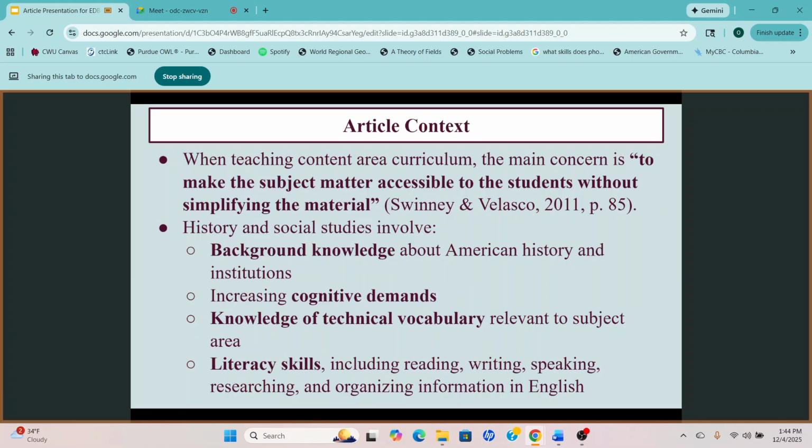And when teaching history and social studies curriculum, some things that are involved are background knowledge about American history and institutions, increasing cognitive demands, knowledge of technical vocabulary relevant to subject area, and literacy skills including reading, writing, speaking, researching, and organizing information in English. So these are some things that teachers should keep in mind when teaching a class with history and social studies curriculum.